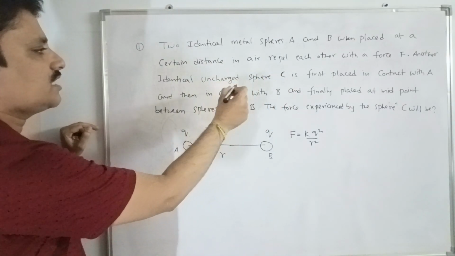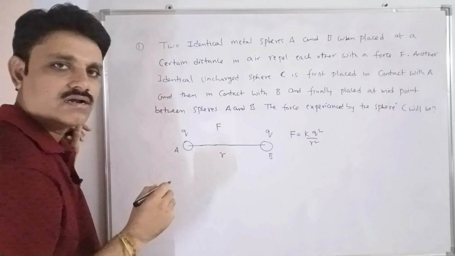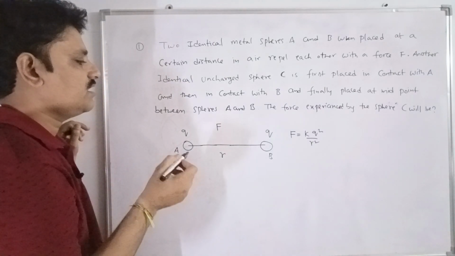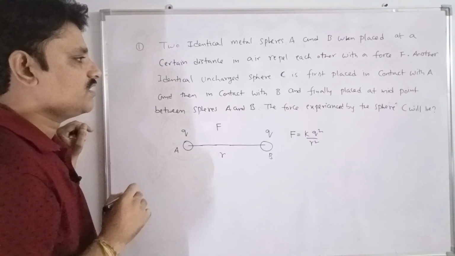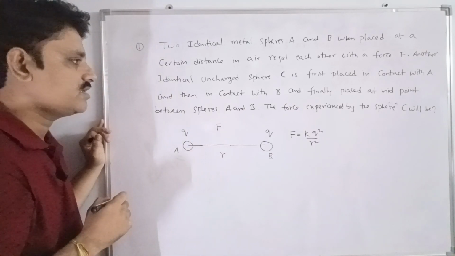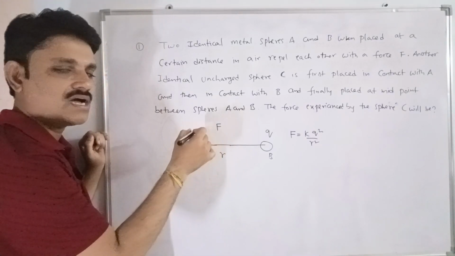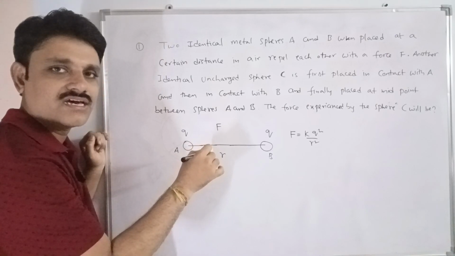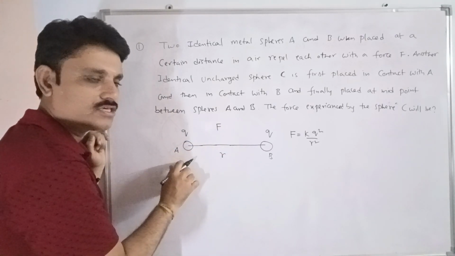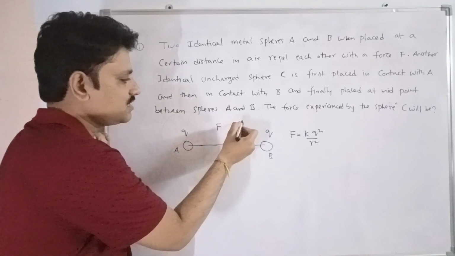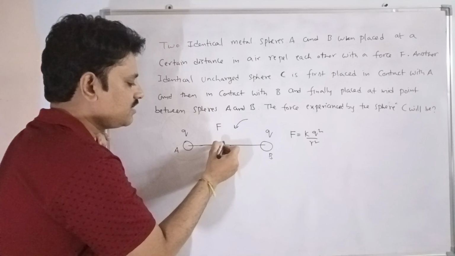Another identical uncharged sphere C is first placed in contact with A and then in contact with B, and finally placed at the midpoint between the spheres A and B. Find the force experienced by the sphere C. Actually, we bring another identical uncharged sphere because these two are charged spheres having charge q.